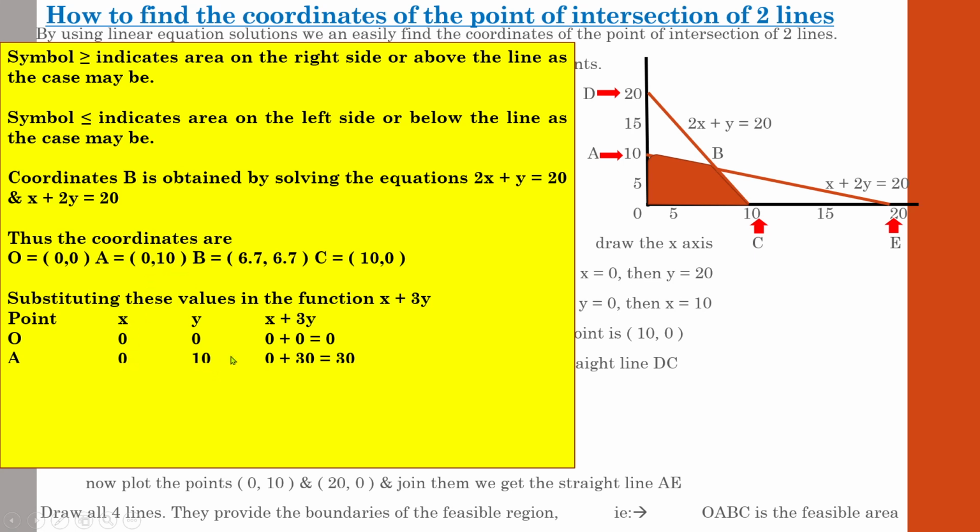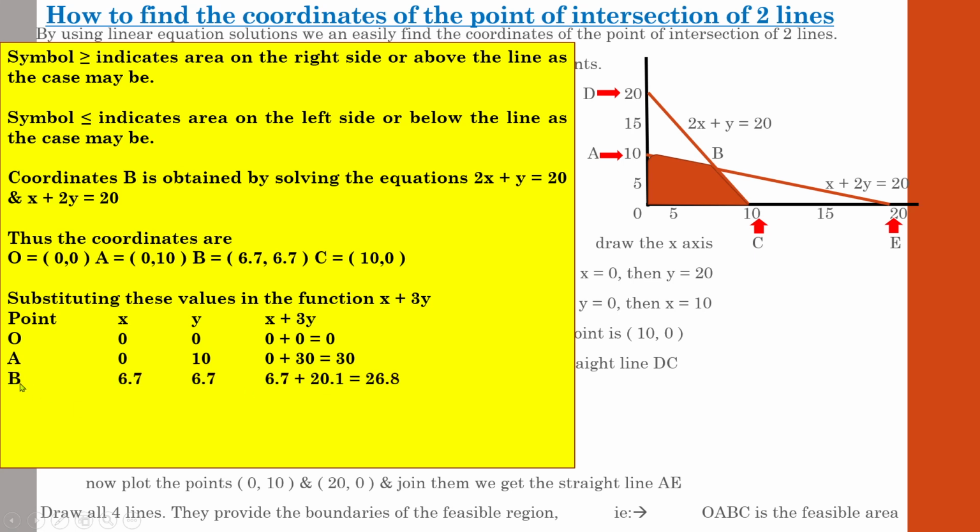You substitute these in the equation x plus 3y. x is 0, and y is 10, so 3y is 3 into 10, which is 30. So at point A, the maximum profit you can earn is 30.